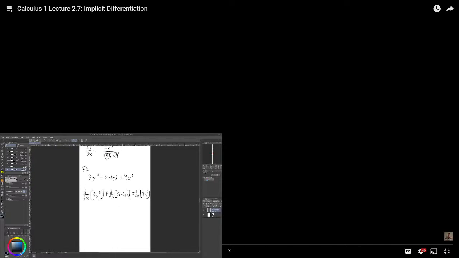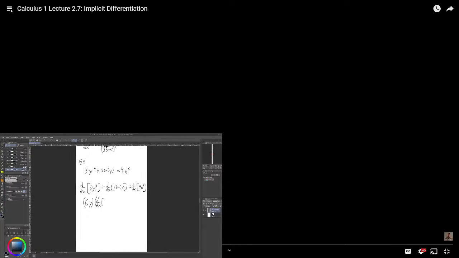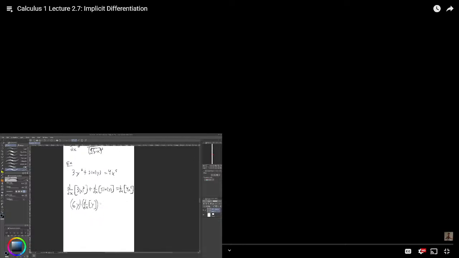So this first one, this would be general power rule. This would be chain rule.